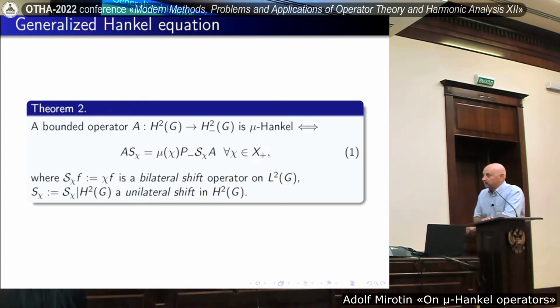Mu is a general character of the group X. Chi is an arbitrary non-negative character of the group X. S in the left hand side is the so-called unilateral shift in the space H2, and S in the right hand side is the so-called bilateral shift in the space L2 over G. Left S chi in H2 and the right S chi in L2. And this is the principal fact that allows us to give some descriptions of mu-Hankel operators in the non-separable case.